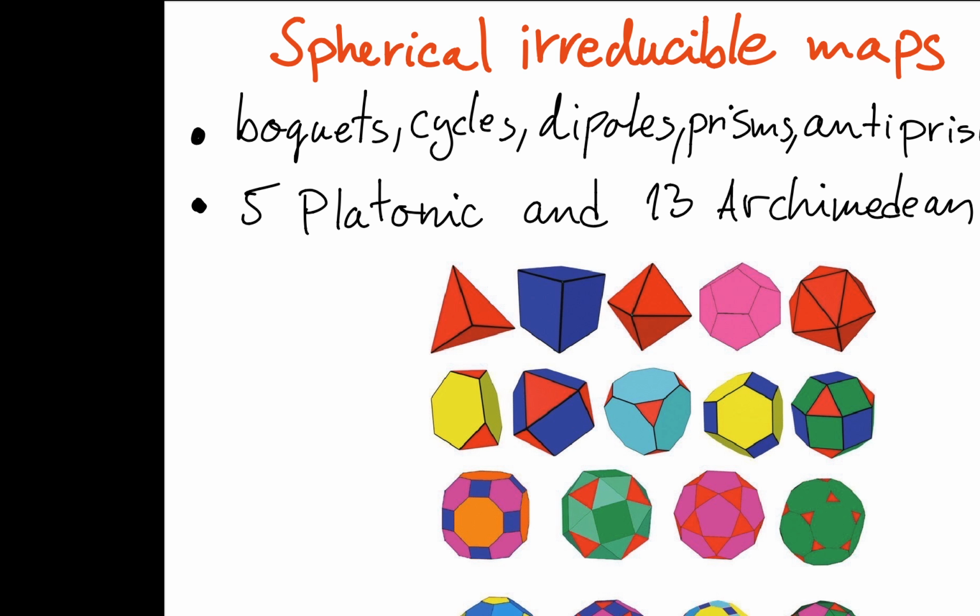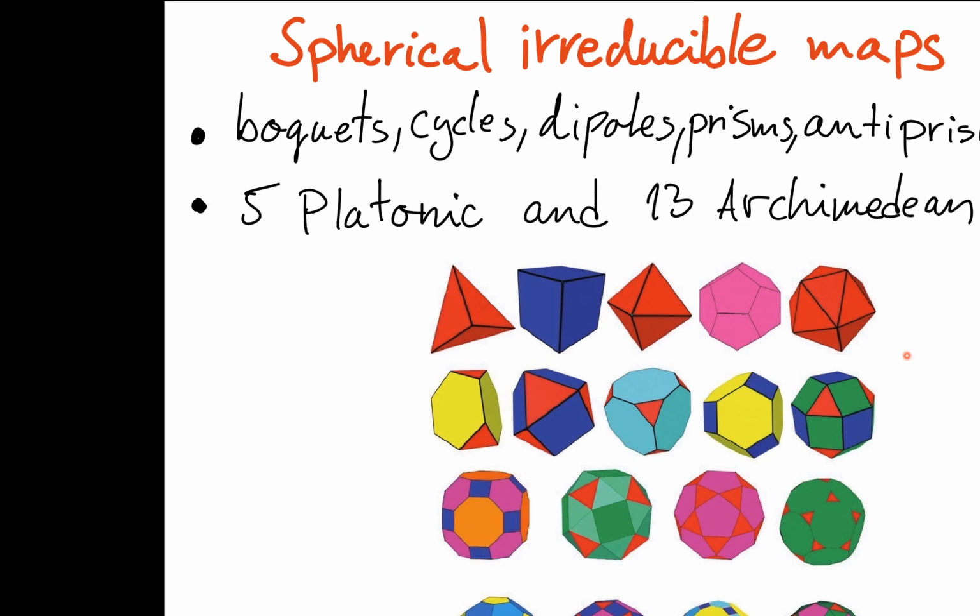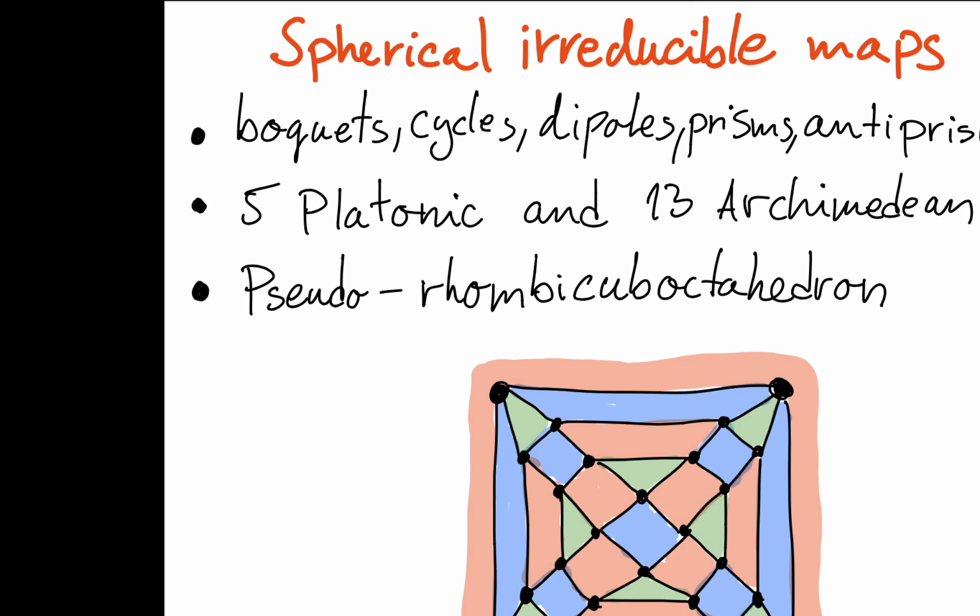So for the sphere, these maps can be described easily. And there is one more which satisfies this property, but we do not put it in this class because, in fact, it is not vertex transitive. It's easy to check. It's called the pseudo-rhombicuboctahedron. And for spherical maps, these are all the uniform maps with this property, that you have a local type, so the vector of face sizes at each vertex is the same.